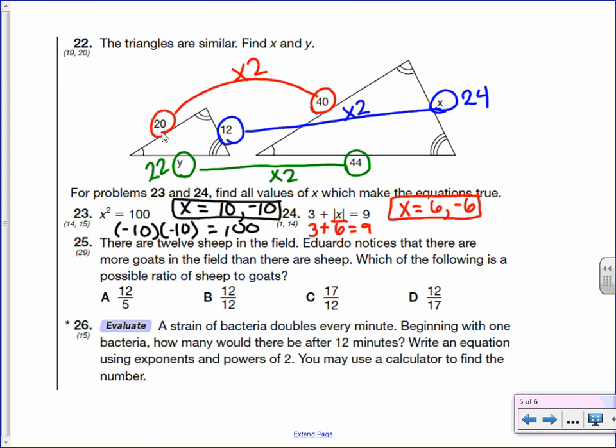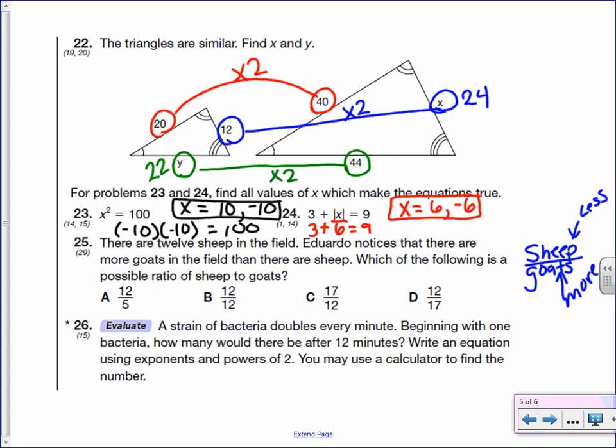There are 12 sheep in the field. Eduardo notices that there are more goats in the field than there are sheep. Which of the following is a possible ratio of sheep to goats? All right, so we have sheep to goats. And he notices that there are more goats and less sheep.